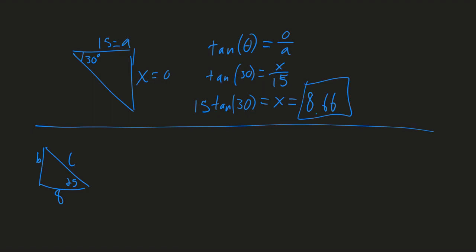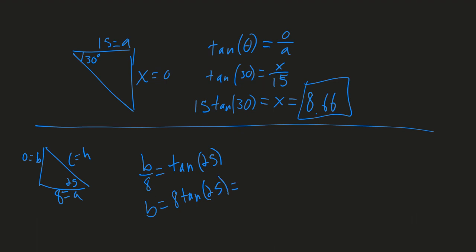We can do the same thing as before. Notice that we have the adjacent side and side B is the opposite. Side C is the hypotenuse. Let's find side B. So B over 8 equals tangent of 25. So B is equal to 8 tangent of 25.